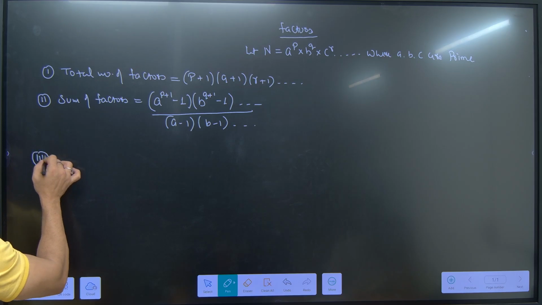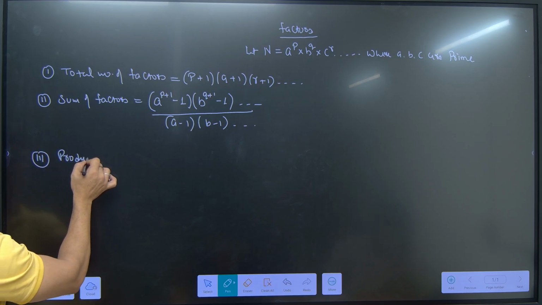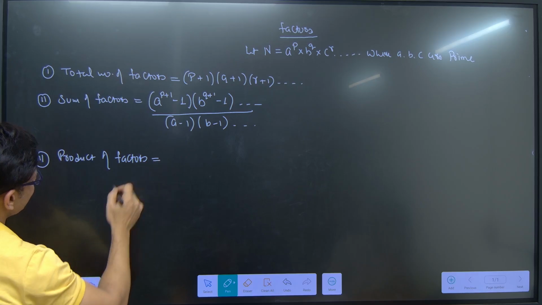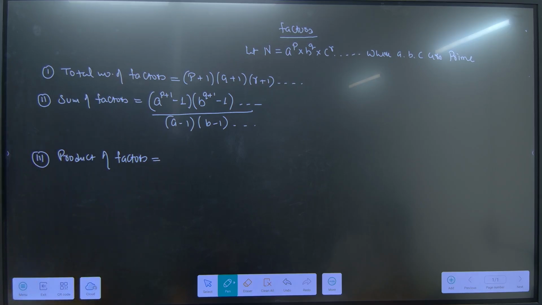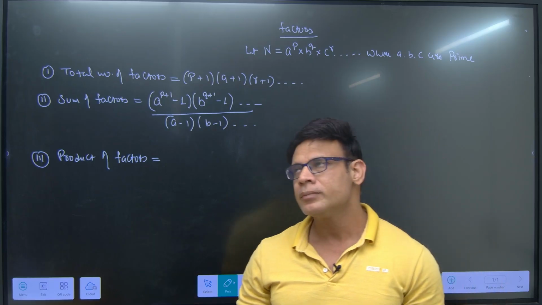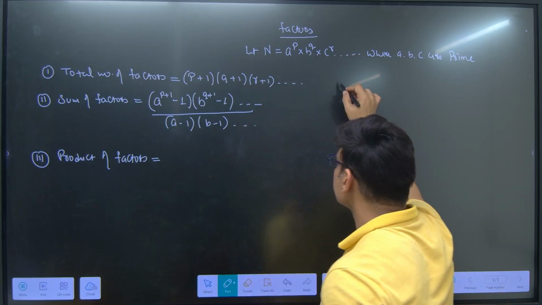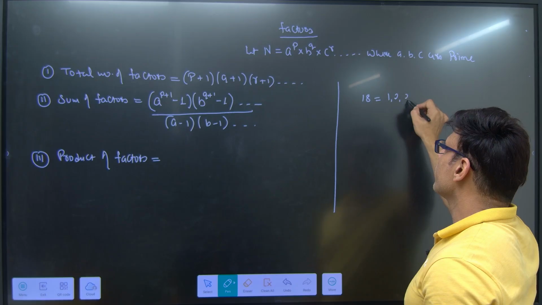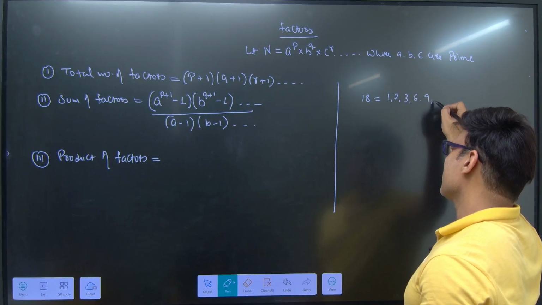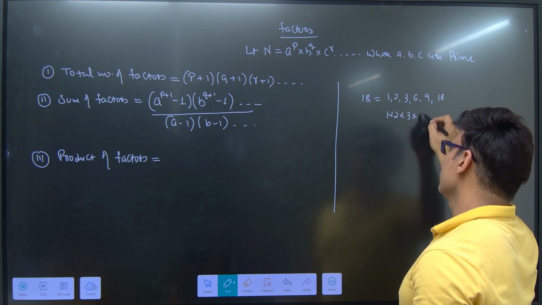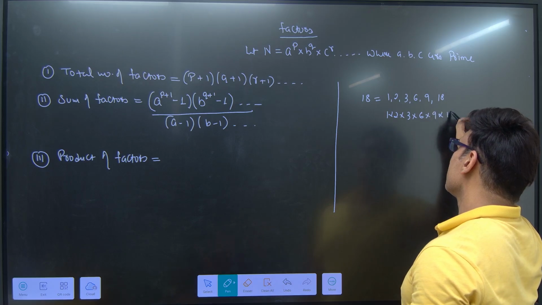Third is product of factors. Product of factors means, for 18, we have 1, 2, 3, 6, 9 and 18, so we have to multiply 1 into 2 into 3 into 6 into 9 into 18.